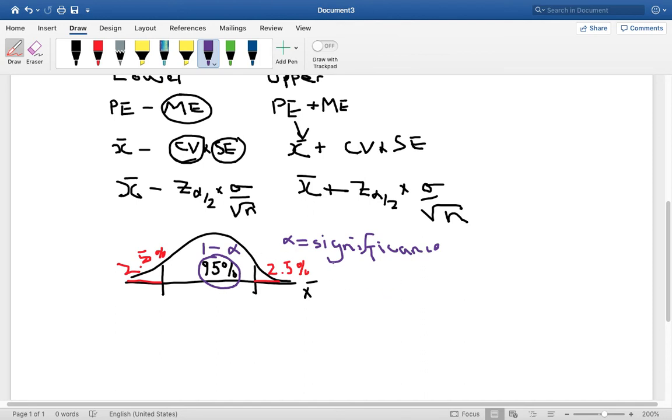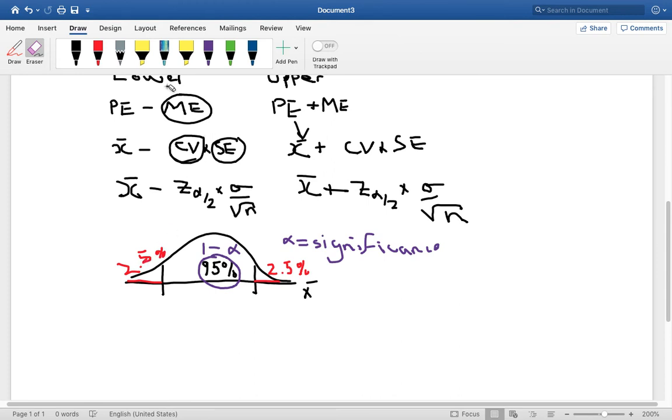So for this particular case, we have 95% corresponding to 1 minus alpha, which we've established is 2.5% on each side. Then in terms of alpha, what is the 2.5%? Well, here, alpha is 5%. So 5% divided by 2 is what this is, and this is 5% divided by 2 as well.